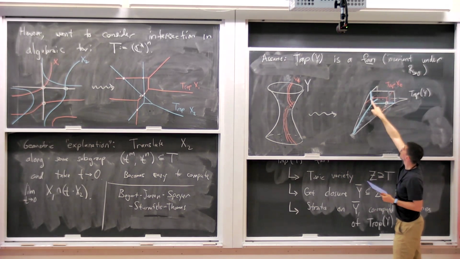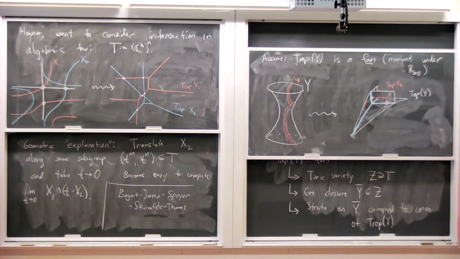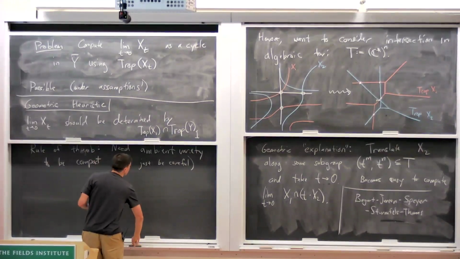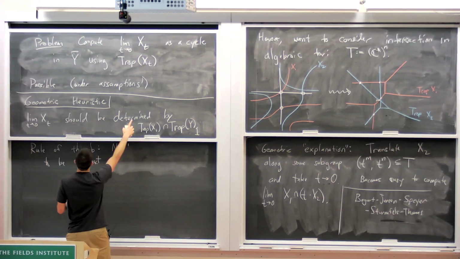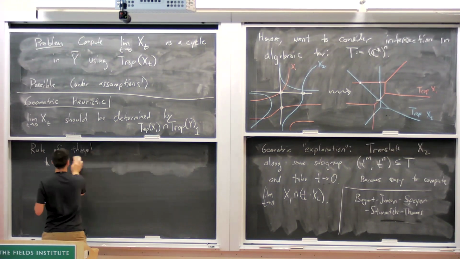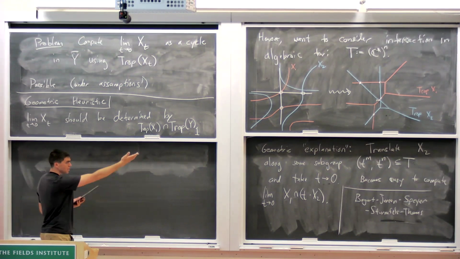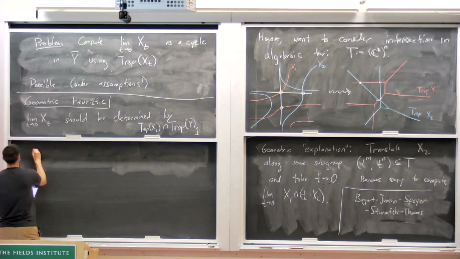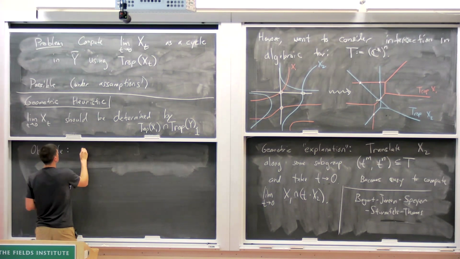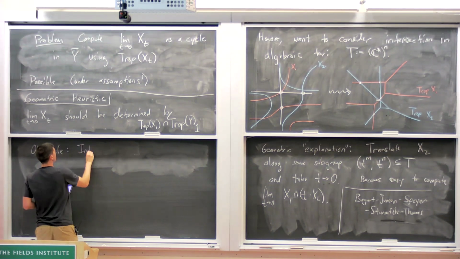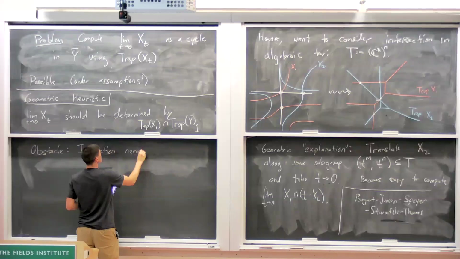And these are never going to happen at smooth points, because by construction they are in the one skeleton, which generally would be replaced by whatever the complementary dimensional skeleton is; I'm just working in an ambient two-dimensional space. So the obstacle is that the intersection never happens at smooth points, essentially.